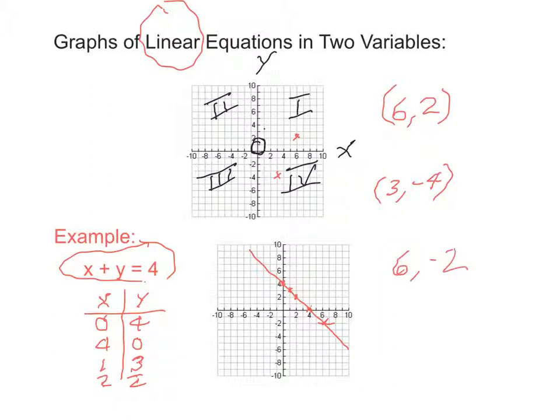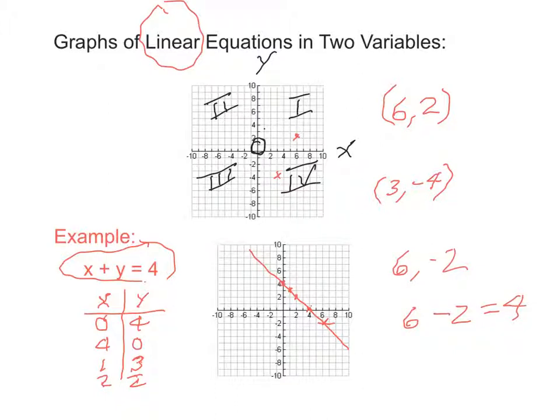Well, is that a solution for this? Well, if I plug in 6 for x, -2 for y, does 6 minus 2 equal 4? Yes. So you can see that's a solution. So every single point on that line is a solution for x plus y equals 4.